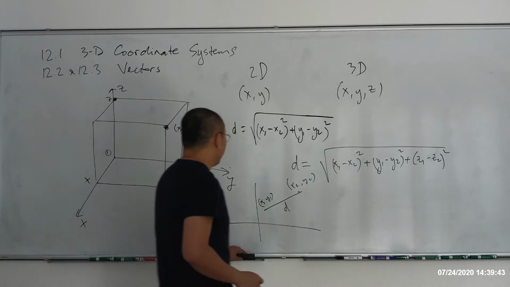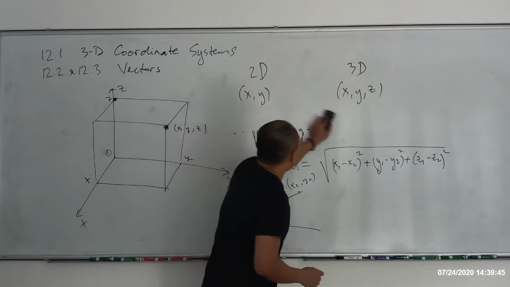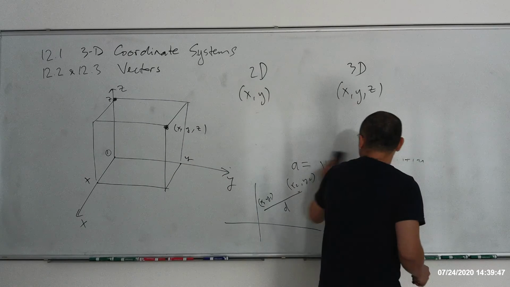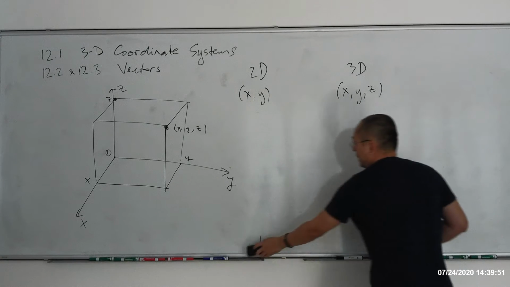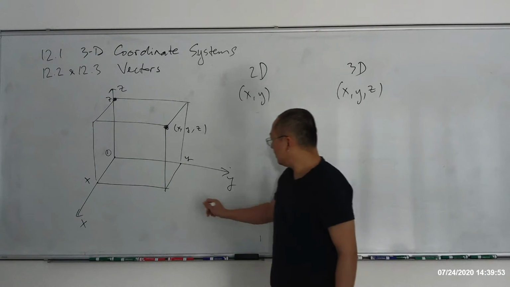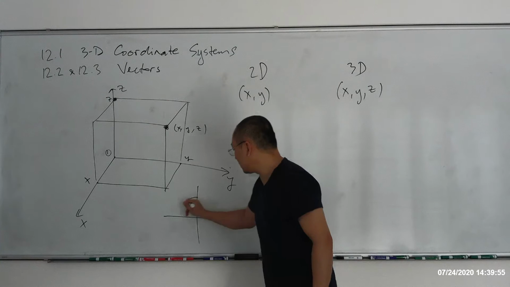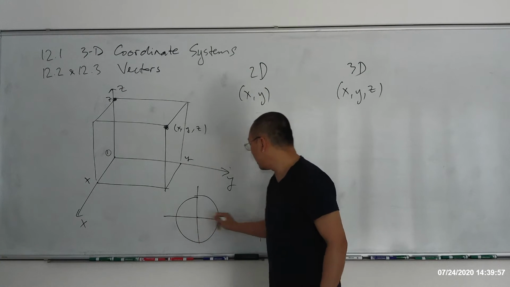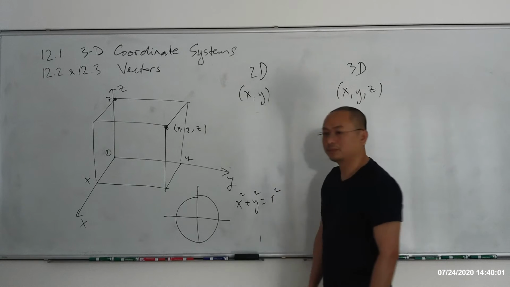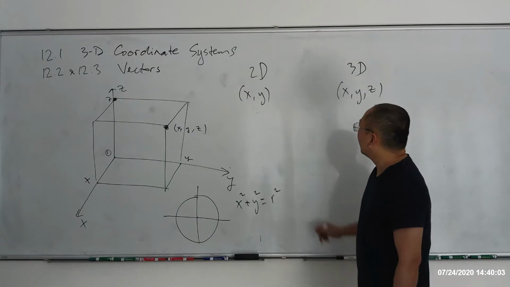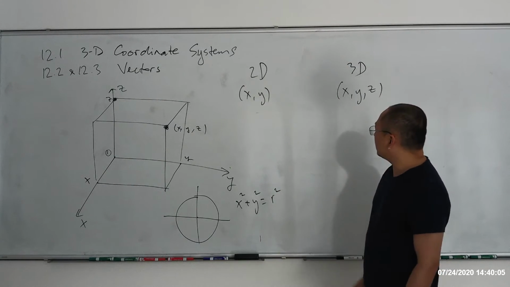And one more, the equation of the circle. In 2D, right here, the circle, say centered at the origin, is going to be what? X squared plus y squared equal to r squared, right? Now, developing to 3D, it's not a circle anymore.